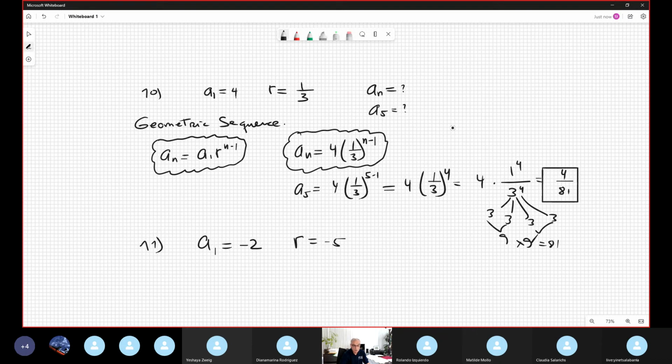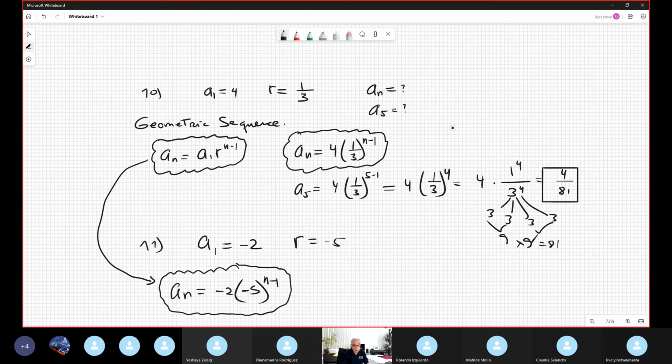A sub n, using that formula again. A sub n is equal to negative 2 times parentheses negative 5 raised to the n minus 1. And leave it like that. Boom. This is my formula.